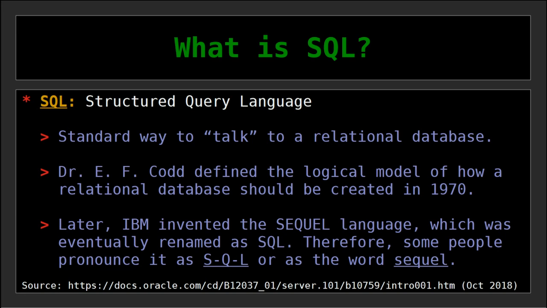There was an aircraft company back in the day that I believe had the registered trademark on this name. Since IBM likes getting things patented and wrapped up in intellectual property, they were like, you know what? We can't trademark this name, so we're going to change it. So they reduced it down to SQL.